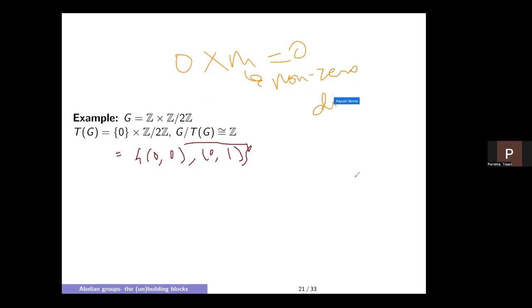Non-zero divisor means that N times M will not equal zero, right? So the only element to go to zero in Z is zero only. So the torsion here is just zero. That's why you have written it as zero.